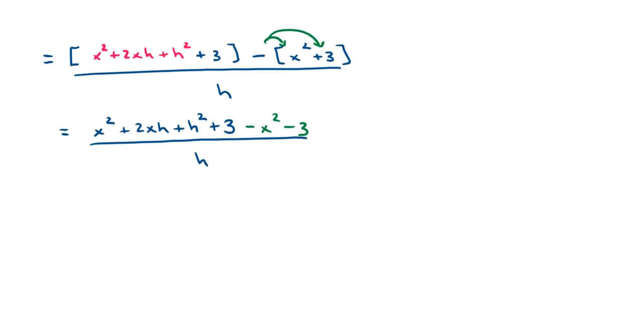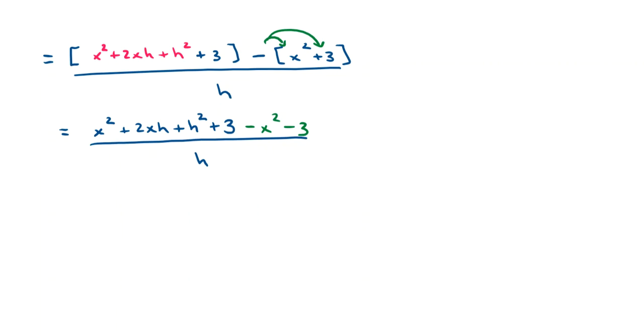Now I really encourage you to use brackets around the original function's expression. This is where a lot of errors occur. If you don't use brackets or grouping symbols, you're likely to have this as minus x squared plus 3, and then that's going to throw off your final answer. So always at least use brackets around the original function f of x.